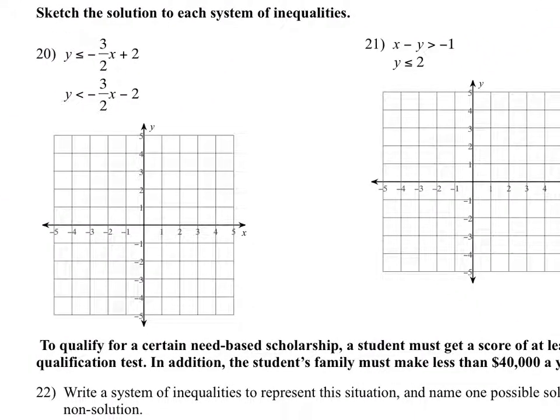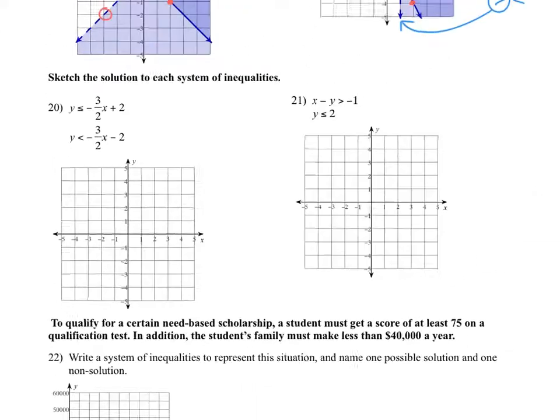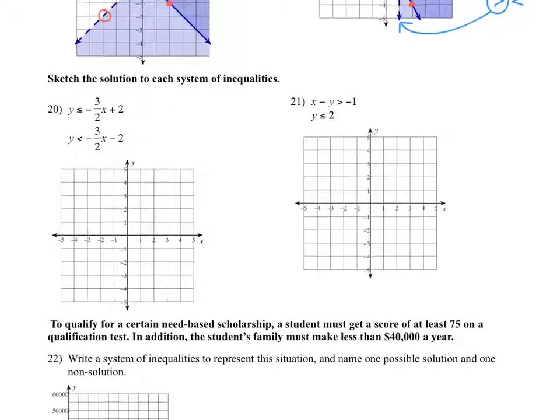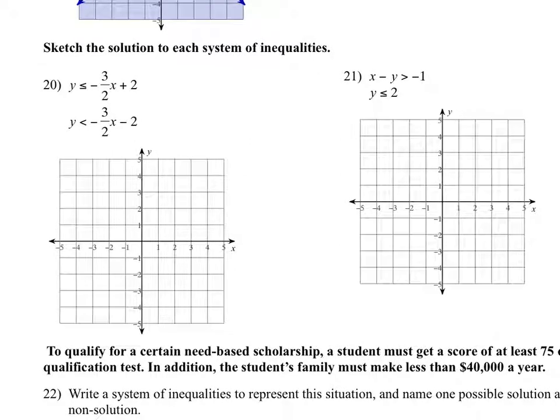Question 20 and 21, we kind of worked on these today, just like I've said before. So I'm actually going to follow my advice this time. I'm going to go through and label each as solid or dashed, above or below, before I start. In question 20, I noticed that this is solid and below because it's less than or equal to. The other one is going to be dashed and below.